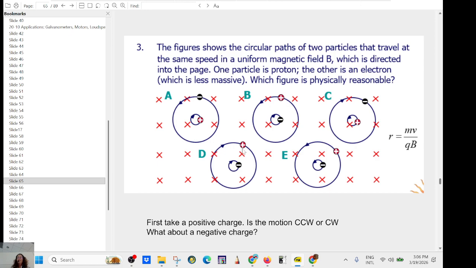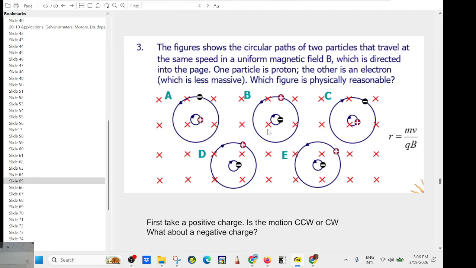So it should be D or E. And then, is this picture making sense? No, why? They go in the same direction, exactly. Is this one making sense? No. This one makes sense. Yes? Okay, so let's check.